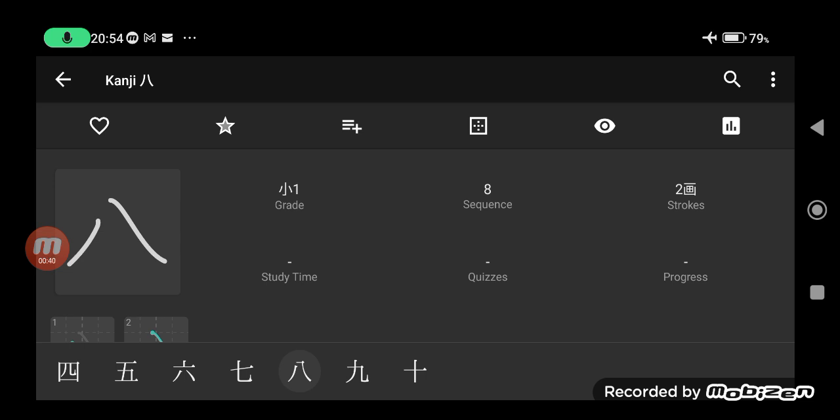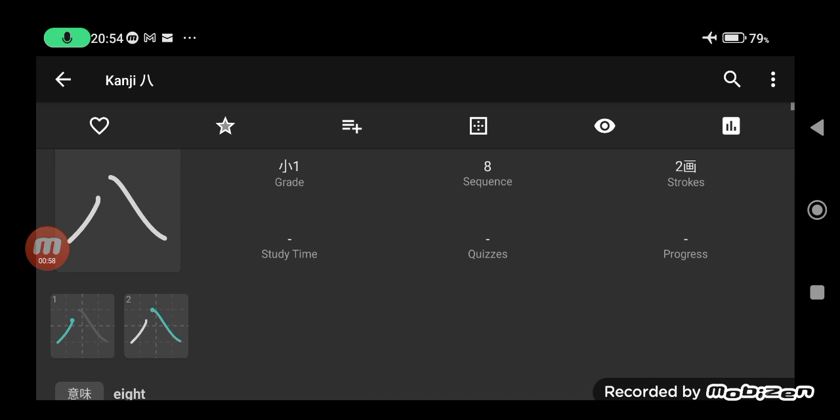So this is lesson number 13, an odd number, so we discuss the kanji. Our kanji for today is the kanji that has a meaning number 8, or cardinal count 8 or ordinal number 8.